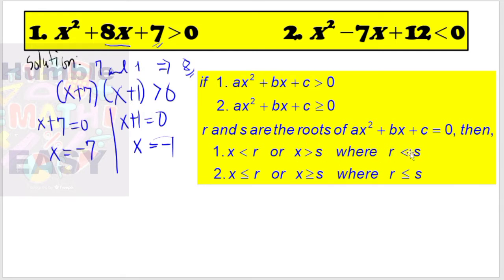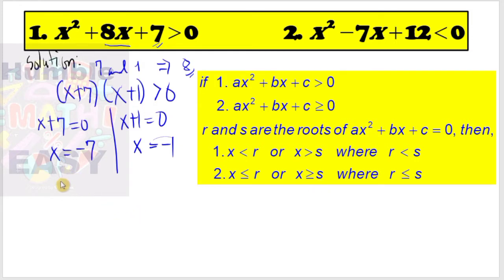In other words, the value of r is lesser than the value of s. Then x is less than or equal to r, which is the lower value of the roots, or x is greater than or equal to s, which is the higher value of the roots.